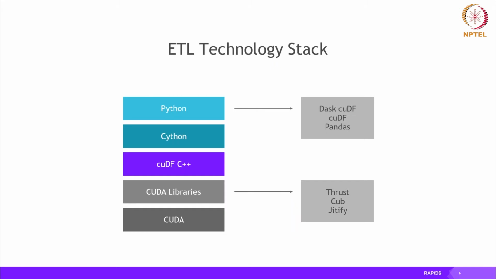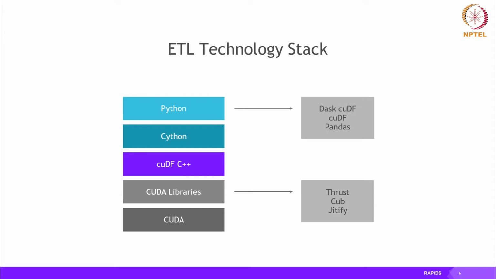From the point of view of the ETL technology stack, which is the extract, transform, load part of it, this is how the overall wrappers are generally written inside Rapids. First of all, as you can see here, the bottommost layer is our architecture of GPU, which is CUDA, Compute Unified Device Architecture.